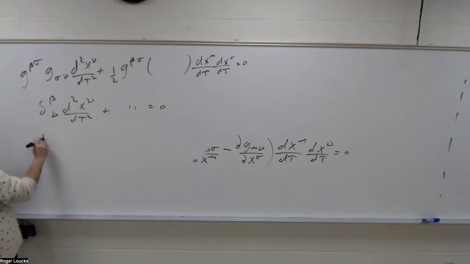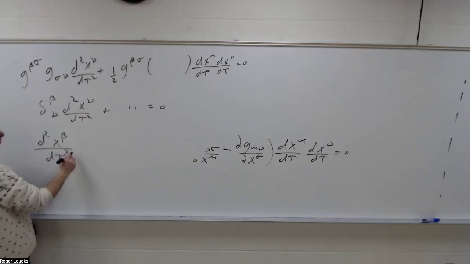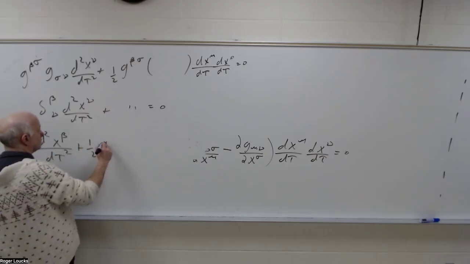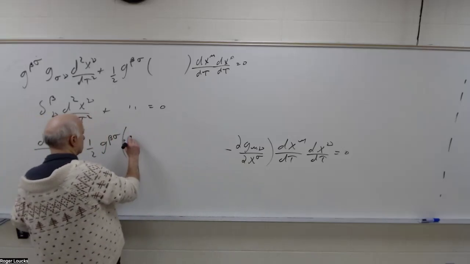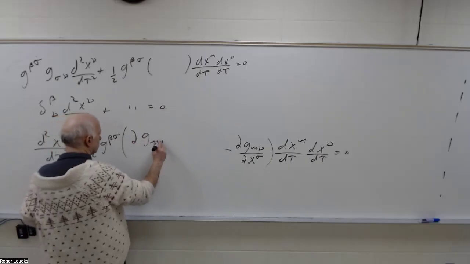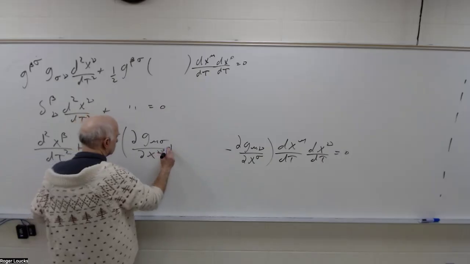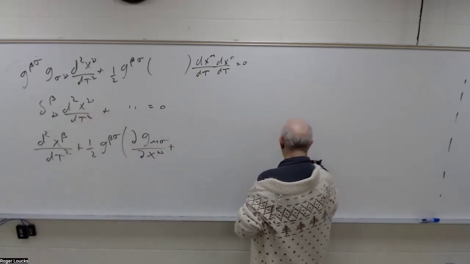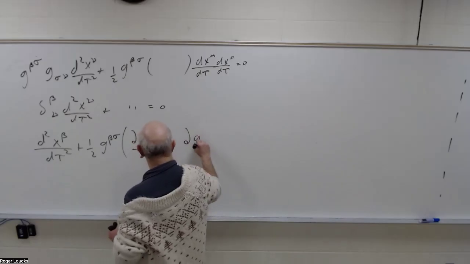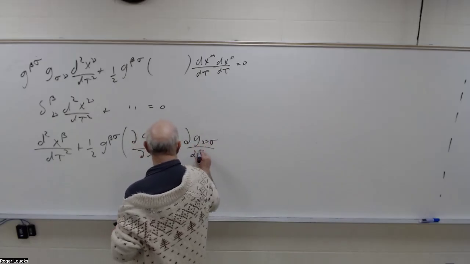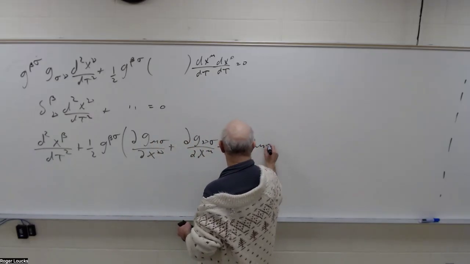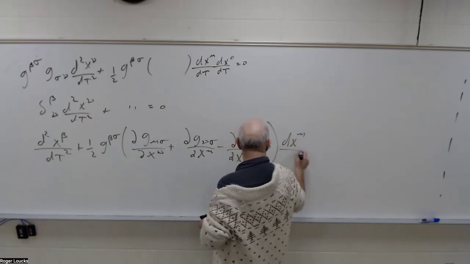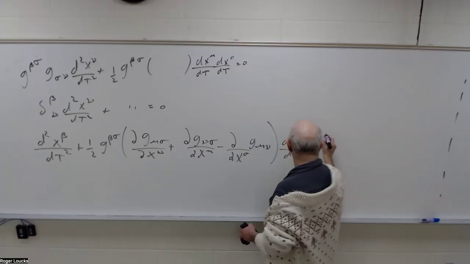This gives me d squared x beta over d tau squared plus 1/2 g beta sigma times partial g mu sigma dx nu, plus partial g nu sigma dx mu, minus partial sigma g mu nu, dx mu d tau dx nu d tau.